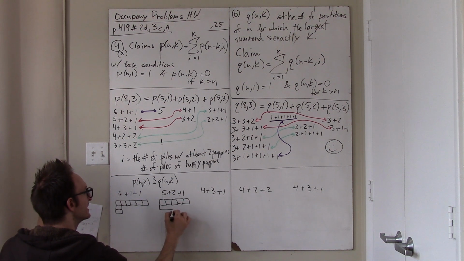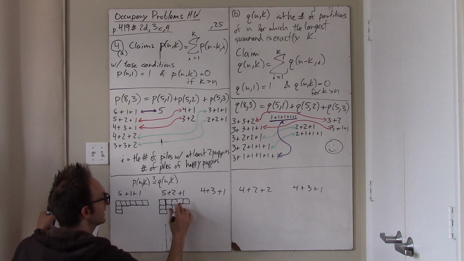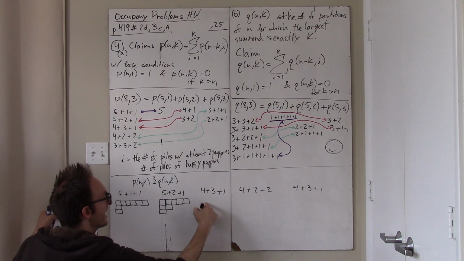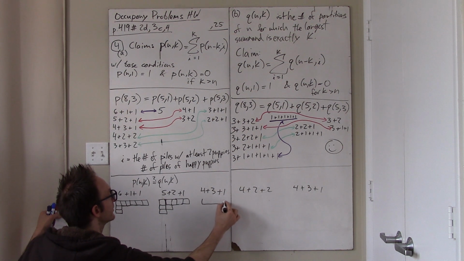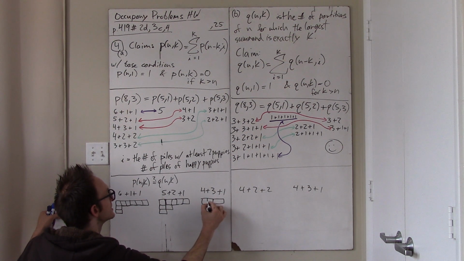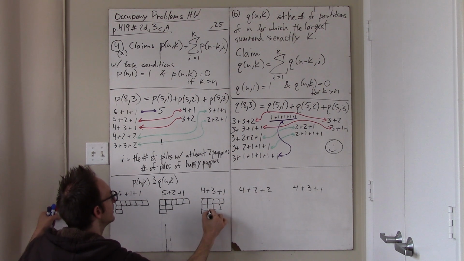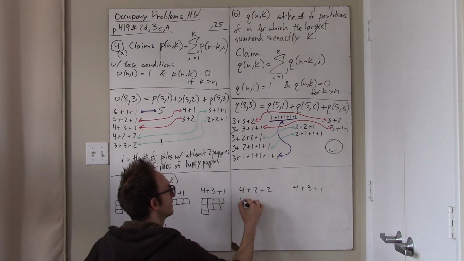And that's 2, and this is 1, so I think that's clear. Okay, and 4, 3, 1, so that's 4 in the first pile, 3 in the second pile, 1 in the third pile. 4, 2, 2.